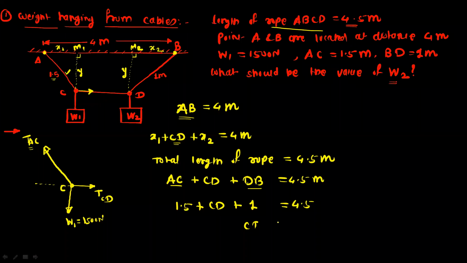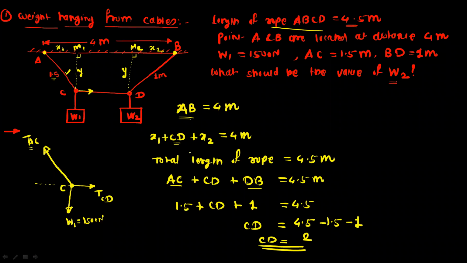So we will get CD equal to 4.5 minus 1.5 minus 1 meter. This is 3 minus 1, so this is equal to 2 meter. This is CD.